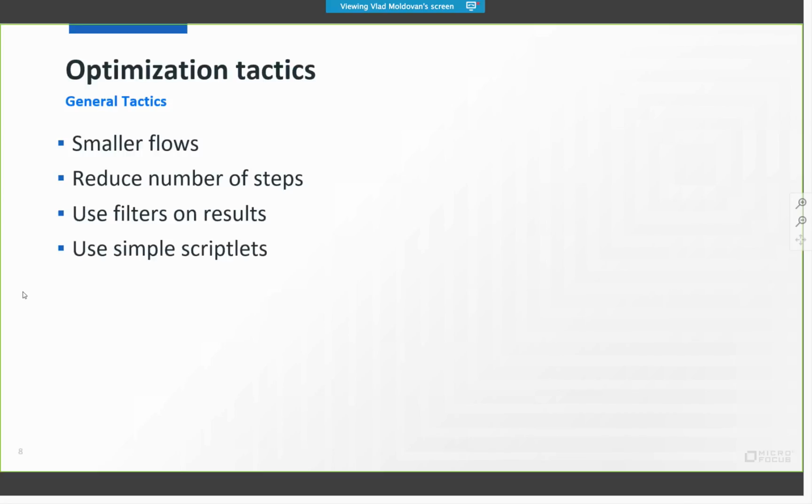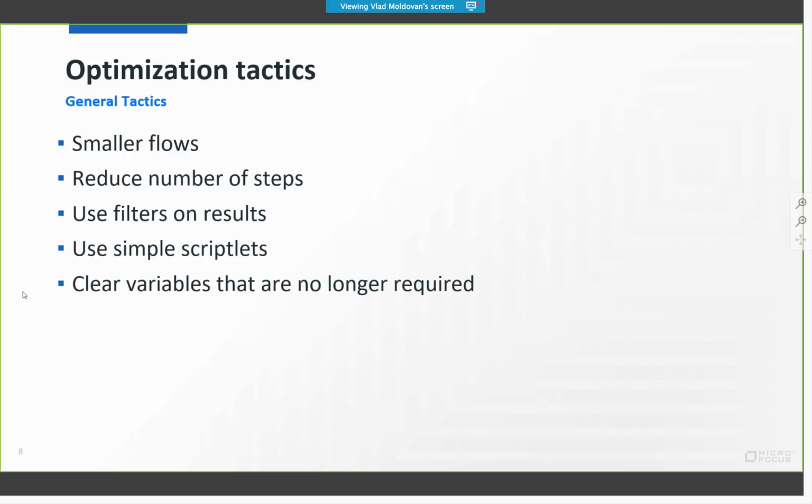Tied to the previous option is using simple scriptlets. Sometimes if a decision-making step is required, a simple scriptlet could handle this instead of having to pass large data to the decision-making step. So basically, again, using scriptlets and filters together can both reduce the number of steps and reduce the size of variables in memory.